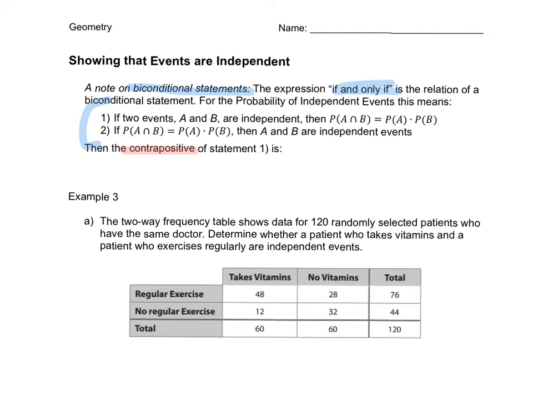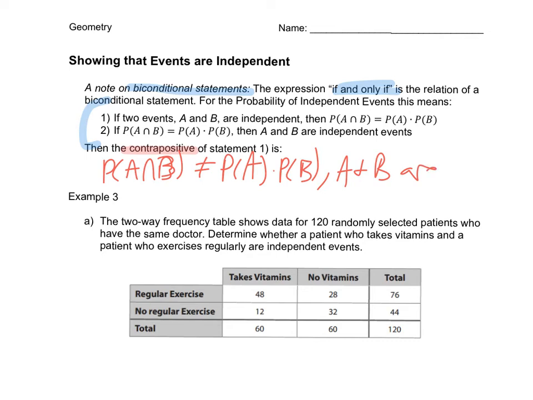So if you flip the order and negate, so it would be if the probability of A intersection B does not equal P of A times P of B, then A and B are not independent. Or in other words, they would be dependent.